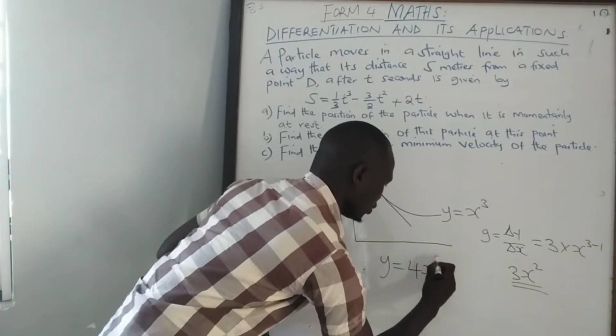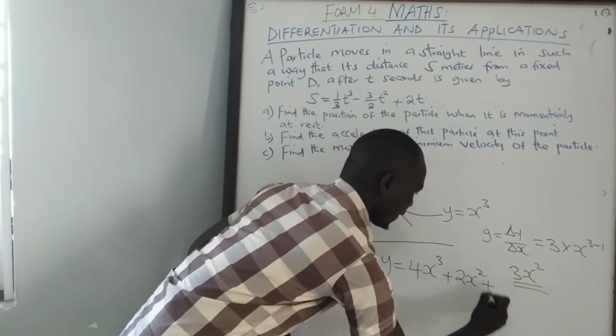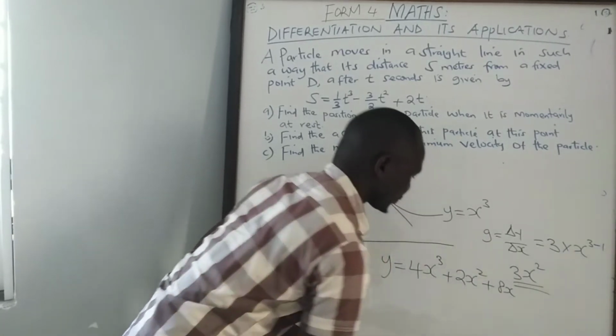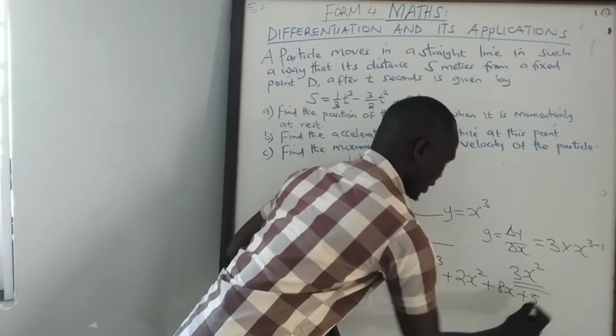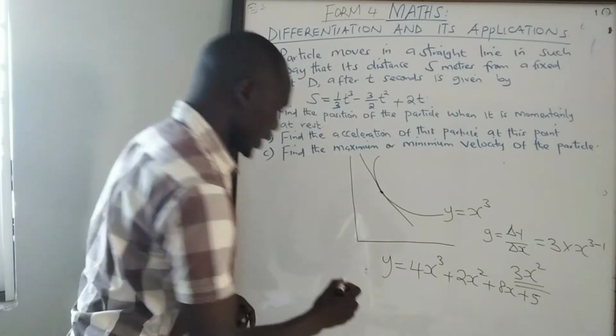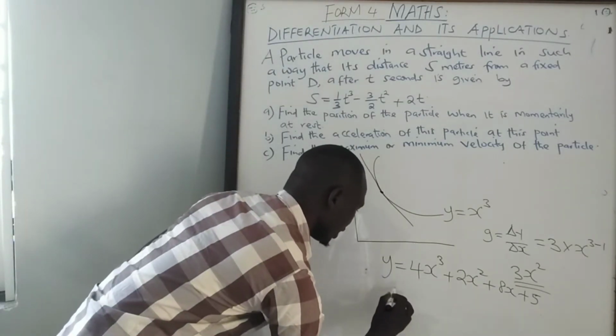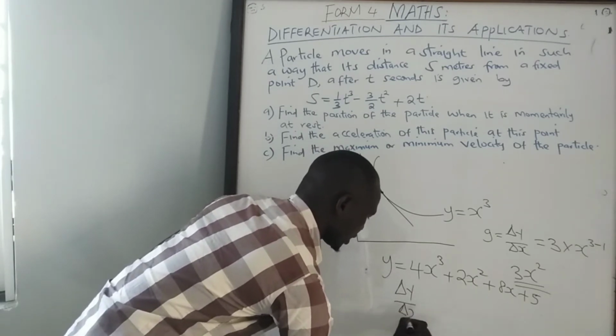Let's take another example: y = 4x cubed + 2x squared + 8x + 5, and you want to find the gradient function of this curve. The gradient is given by the change in y over the change in x.